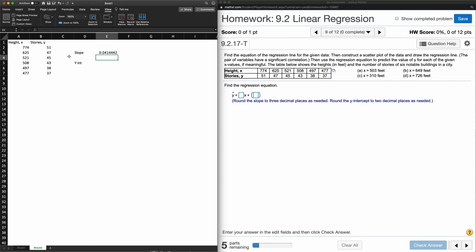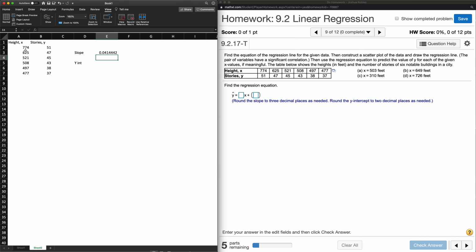So our slope here is 0.04. One way to think about what the slope means is for every increase of 1 in your x values, the y values go up 0.04. So this problem is about the height of buildings compared to the stories.